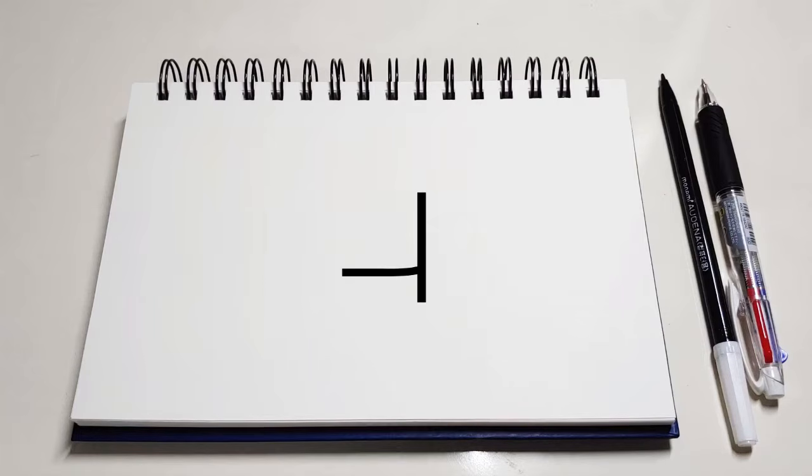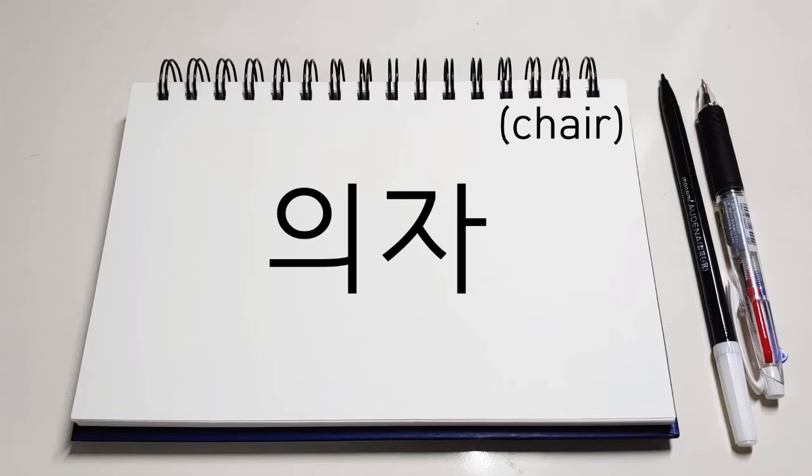느티나무. Likewise, you might have difficulty pronouncing this because English doesn't have the equivalent sound, but you can just connect the sound and the e sound and speak it fast. 의자, 의사.